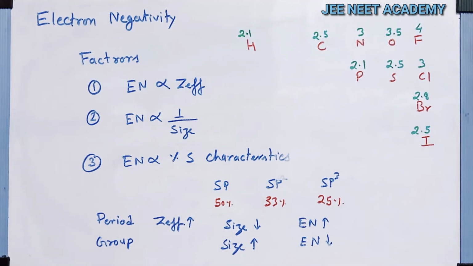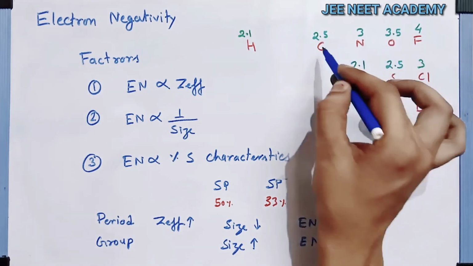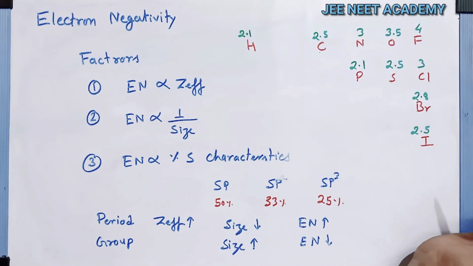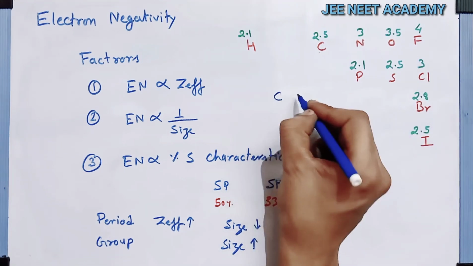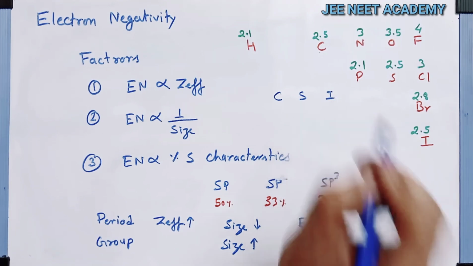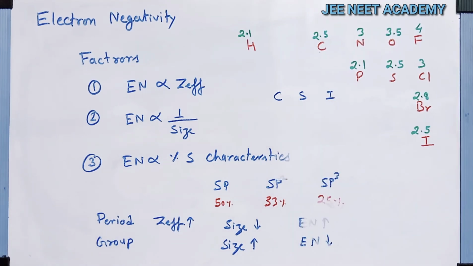So the elements with the same electronegativity are carbon, sulfur and iodine.